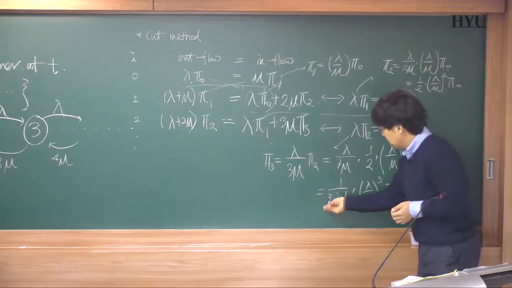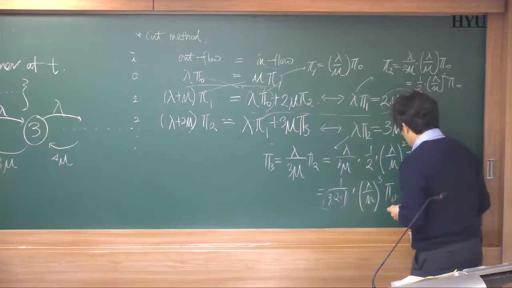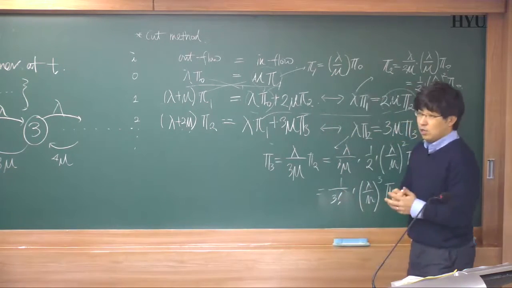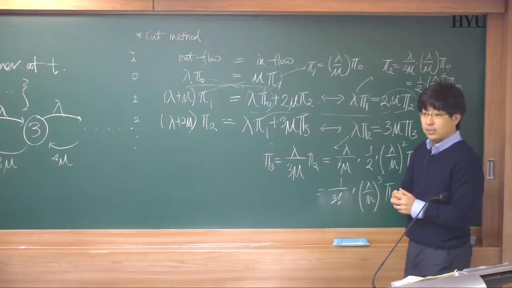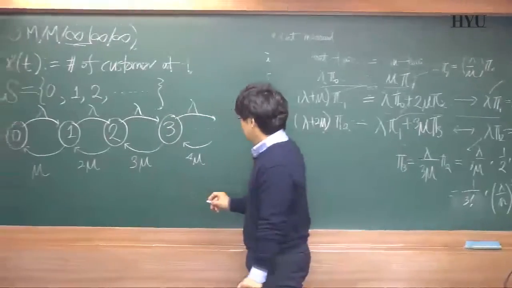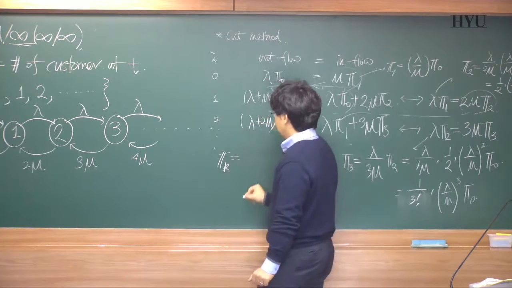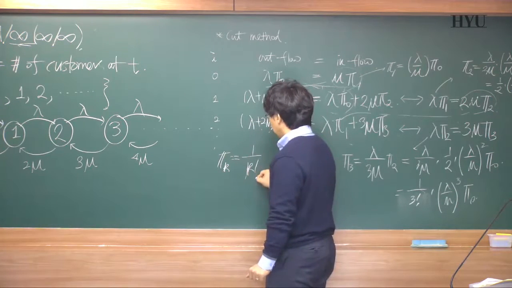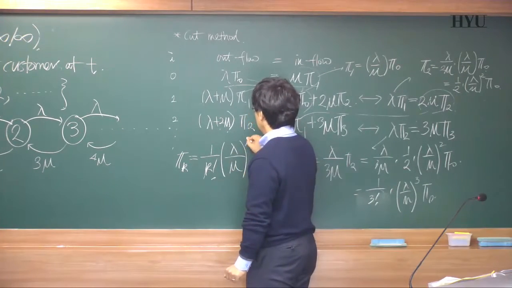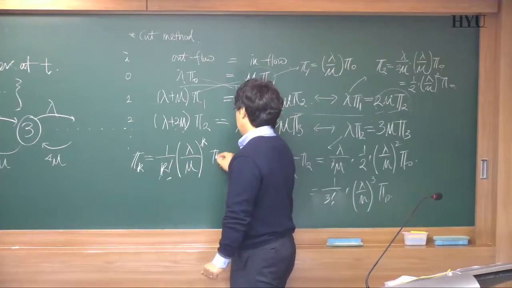How can you write this 3 factorial using? Can you generalize this? So as long as we know the pi 0, right? Then pi k might be 1 over k factorial (lambda over mu) to the k's power, and then pi 0.